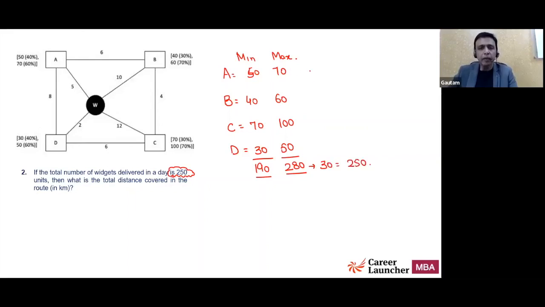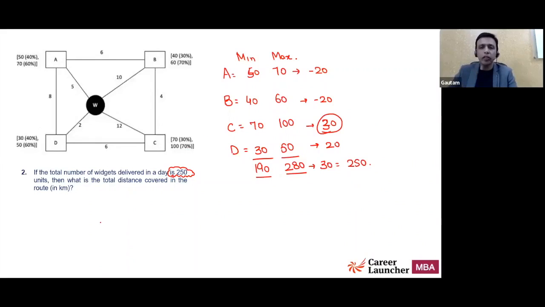Ideally, here it's a possible difference of 20, again a possible difference of 20, a possible difference of 30 and 20. So we just need to look at 280 to 250. If I have to subtract 30, the only possible case is I can subtract this 30 from C. I could not have any other combination subtracting 30 from 280.